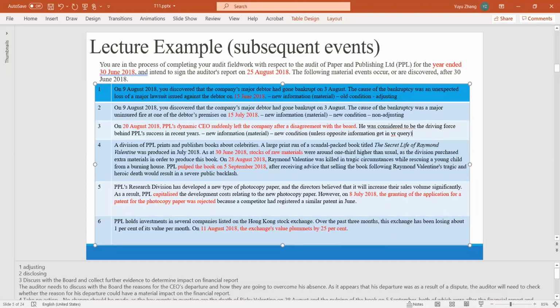Basically you are going to talk with the directors to figure out the underlying reason for this leave. If this leave was about previous situations you didn't know, probably that's an old condition.